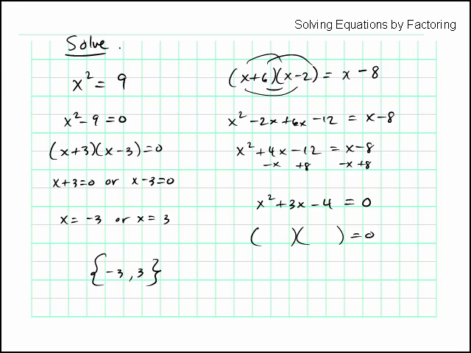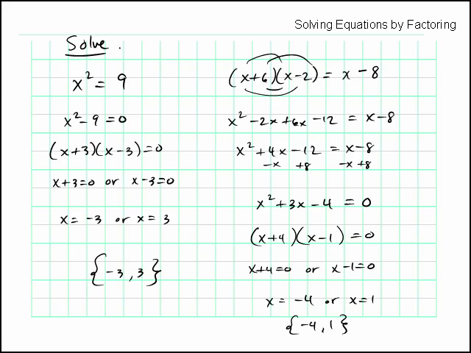And let's see, that quadratic will factor to x plus 4, x minus 1. Using the zero factor property, x plus 4 equals 0, or x minus 1 equals 0. My two solutions are -4 and a positive 1. And I've solved the equation again.